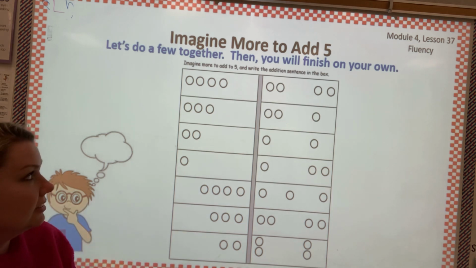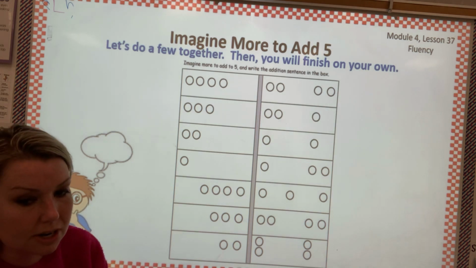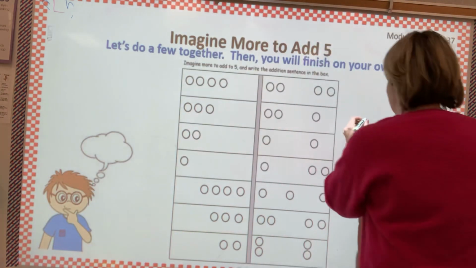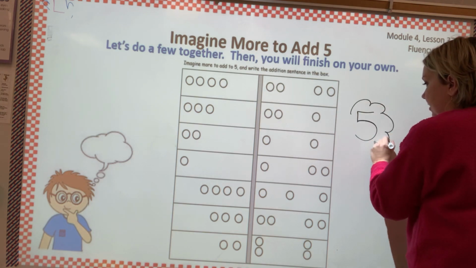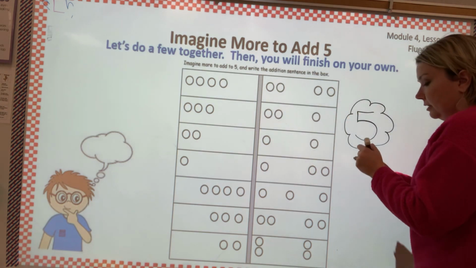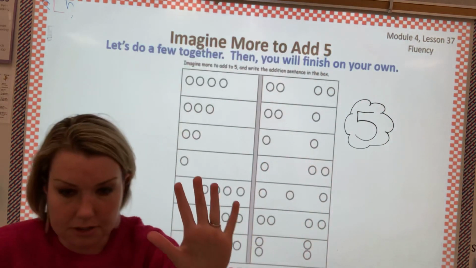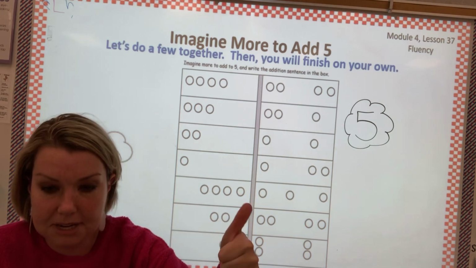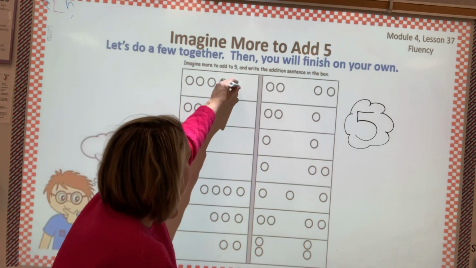One strategy I use if I'm trying to make 5: I'm going to put 5 in the corner here. This is the number that I'm trying to make. I see 4, so I can hold up 5 fingers, and I have 4. I'm going to put those 4 down. How many's left? 1. So we need 1 more to make 5.